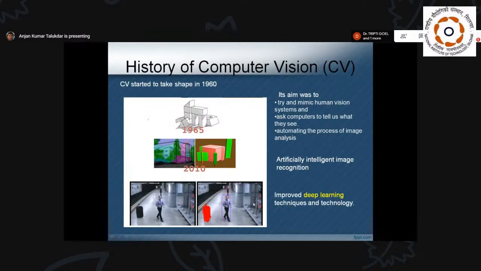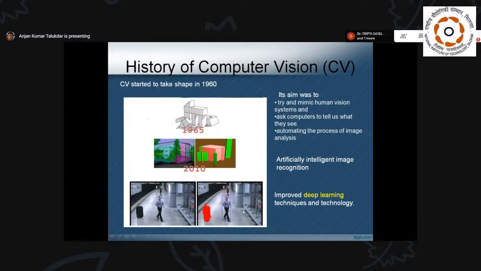Then nowadays, this is the present situation, that deep learning has come into play. So improved deep learning techniques and technology is now being used for faster and accurate results.